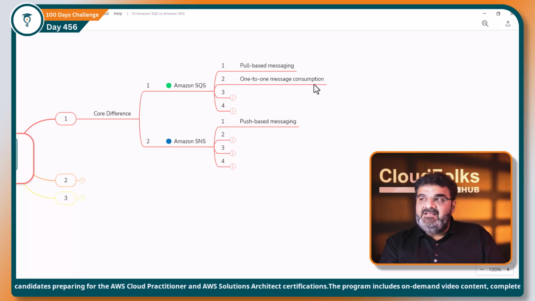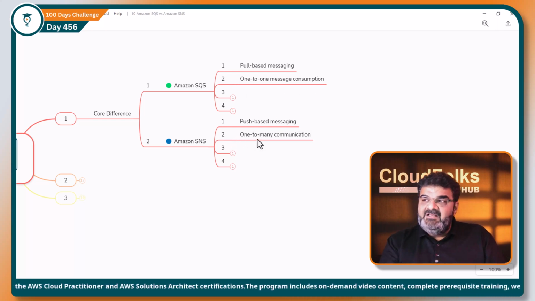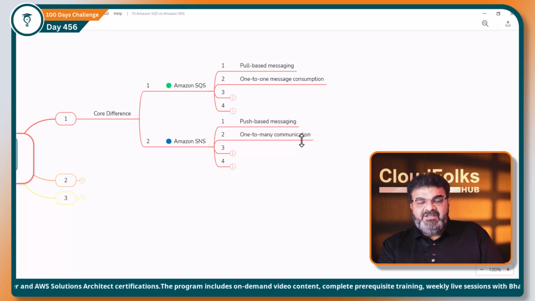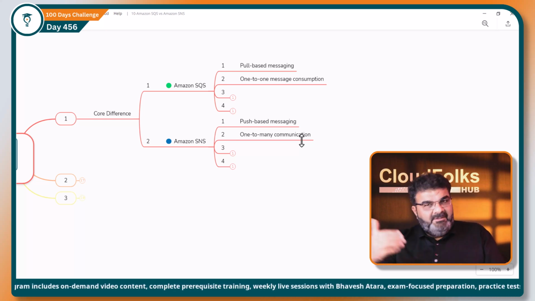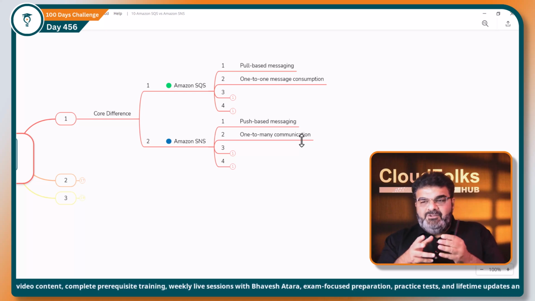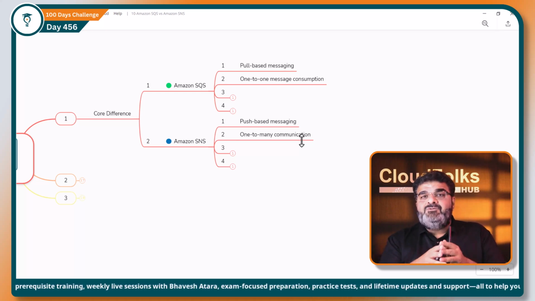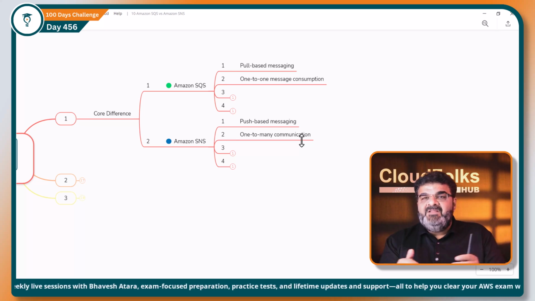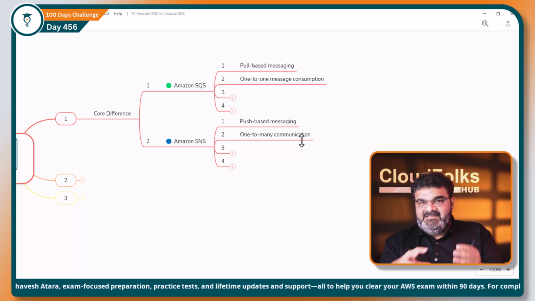Now, SQS is one-to-one message consumption. Here, we have one-to-many communication, and I already explained that one-to-many communication means fan out in the previous videos, right? So you have one system, and this system wants to send messages to multiple systems. In this case, we are using SNS in between.